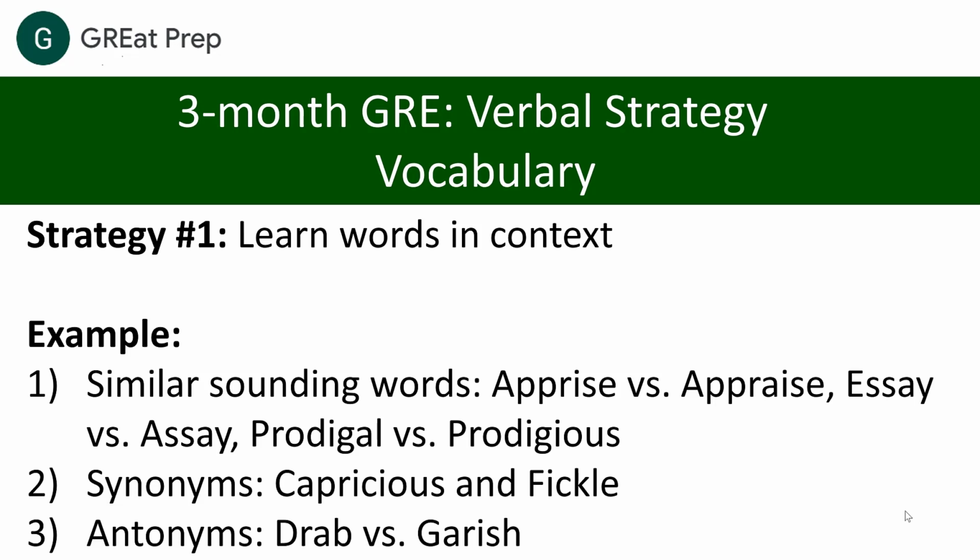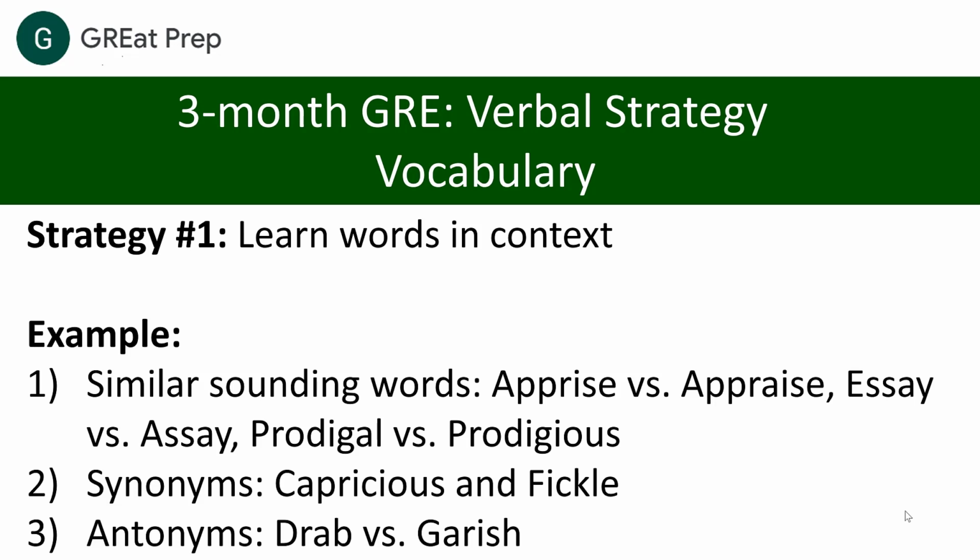Realize that drab and garish are exactly opposite. Drab means lacking in color. Garish, on the other hand, means very colorful. Learning them together will help you save a lot of time and be efficient in your 3-month prep plan.